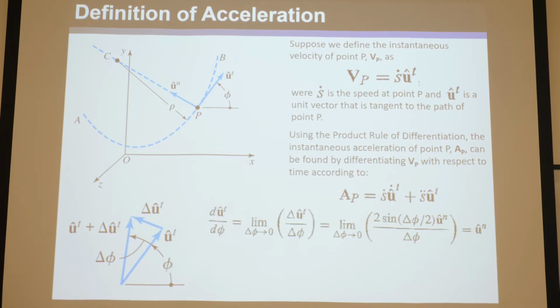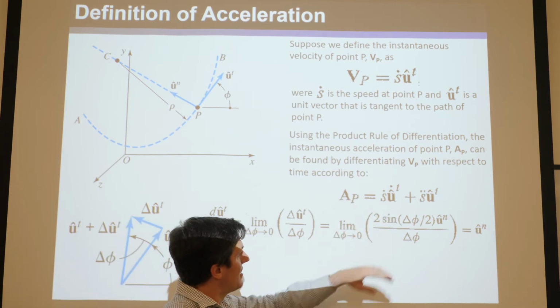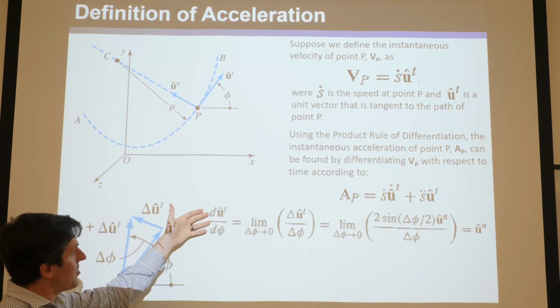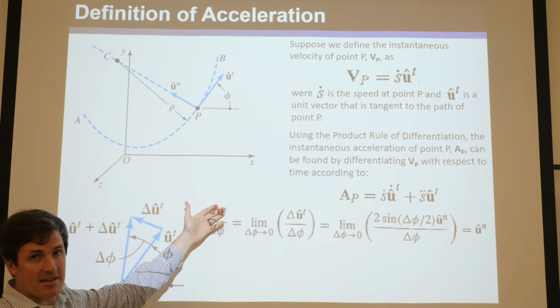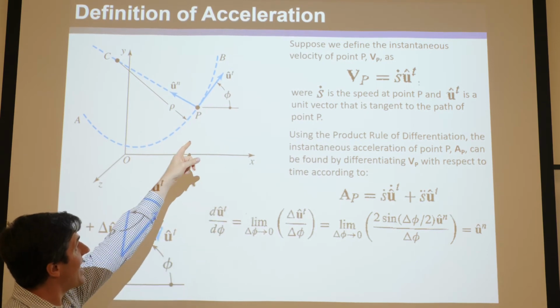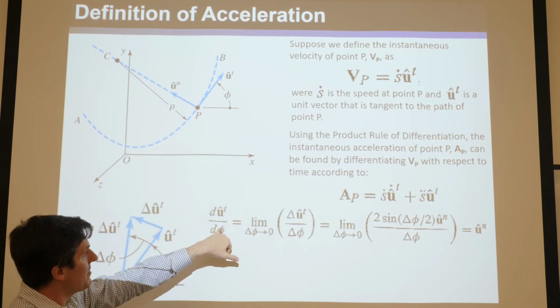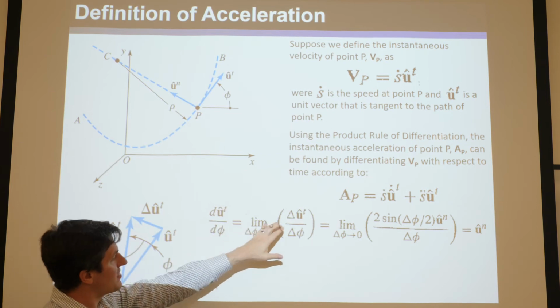Before we define what that is, let's throw out some interesting derivative math so we can start interpreting what this term actually is. First of all, it's good to know the derivative of u hat t with respect to phi, that angle.